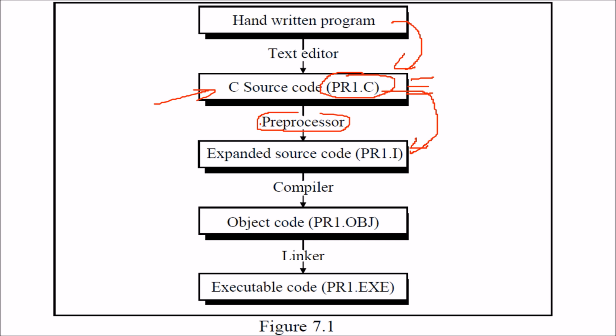So actually the program's size increases. That is why we call it expanded source code. Then the compiler works on it, this pr1.i, the expanded source code, and you can now compile it. It will become pr1.obj, and now the linker will work upon it, and finally you get the executable. This is your program pr1.exe.